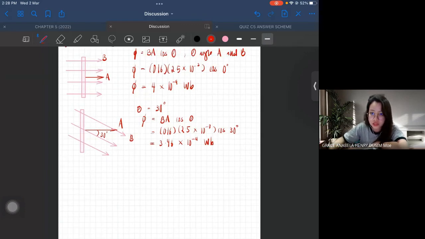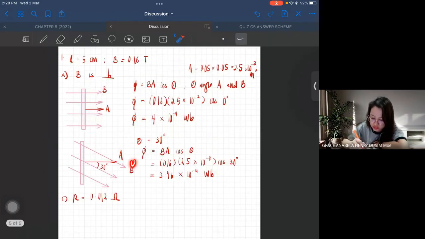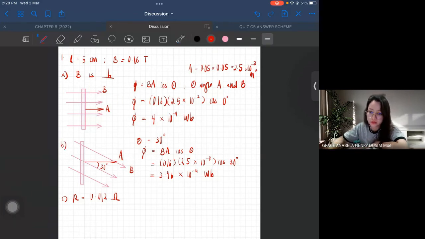And then question C, we are asked to find the magnitude of the average current in the loop if it has a resistance of 0.012 ohm, and it is rotated from position B to position A in 0.14 seconds.